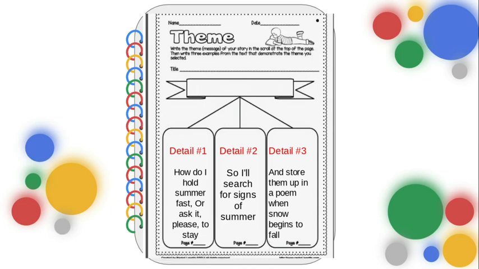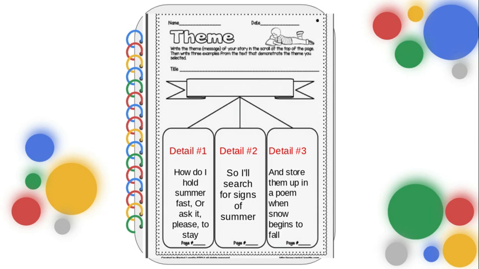So while I haven't revealed the theme to you yet, I think about these three details that I have pulled out from our first poem. It says, how do I hold summer fast and ask it please to stay? I'll search for signs of summer everywhere. I'm going to store them up in a poem so when the snow begins to fall, I can pull it out.